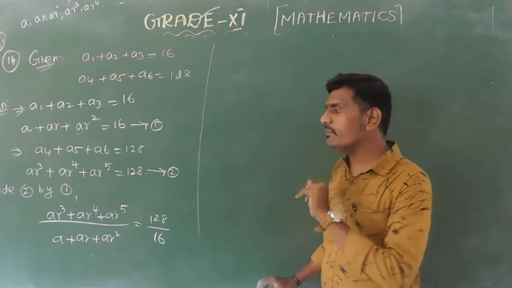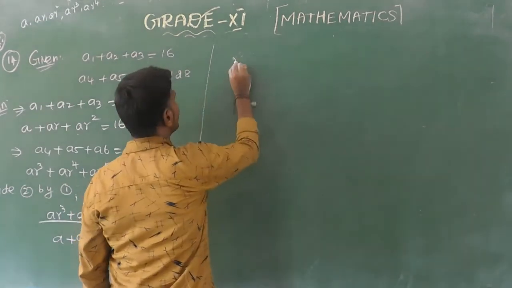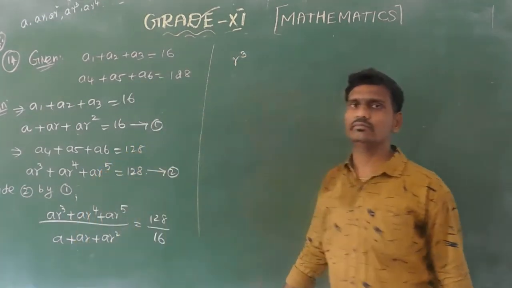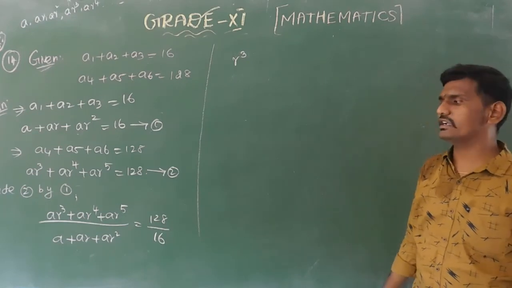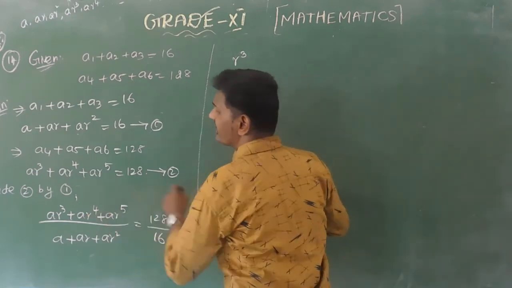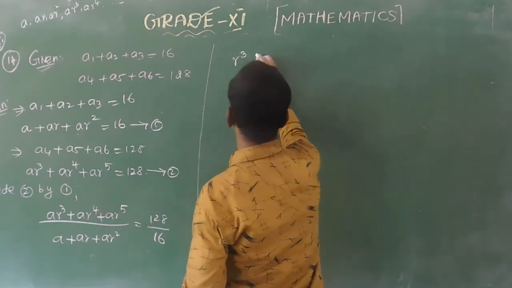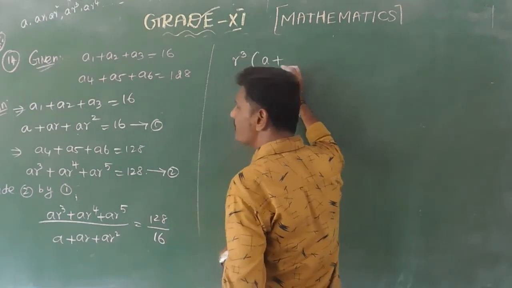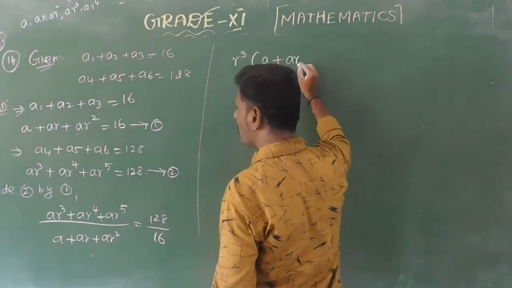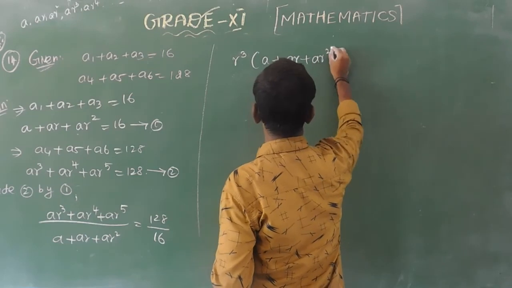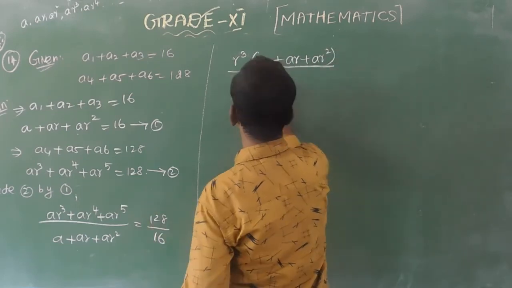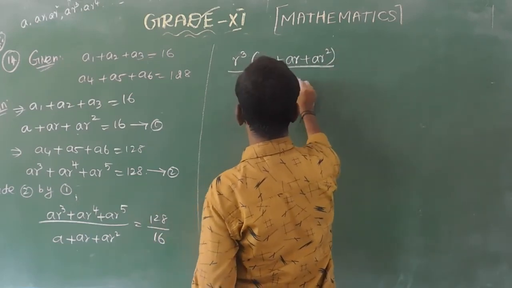So I am taking r power 3 as common. The remaining is a plus ar plus ar square, whole divided by a plus ar plus ar square.